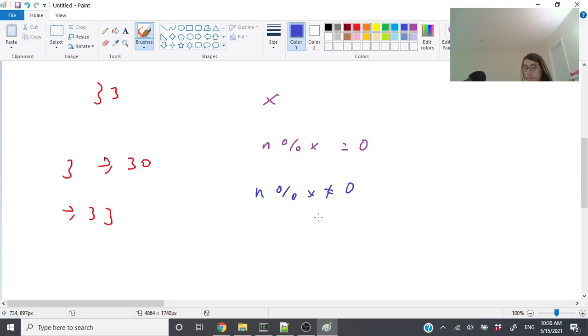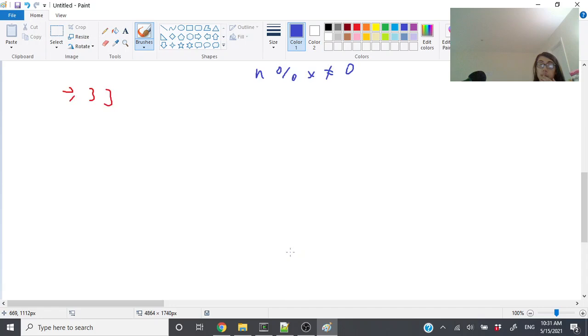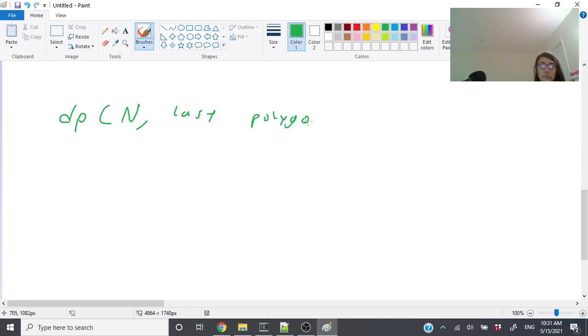Now we assume we do like dp on n and the last polygon. Now, I don't think this has many states.